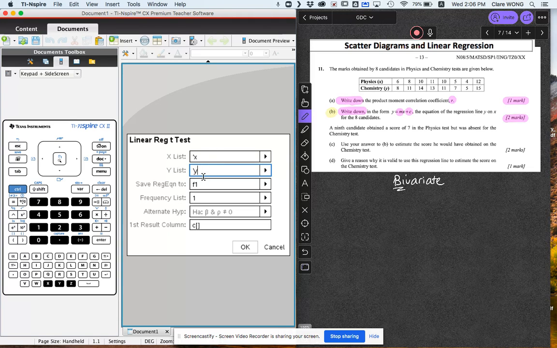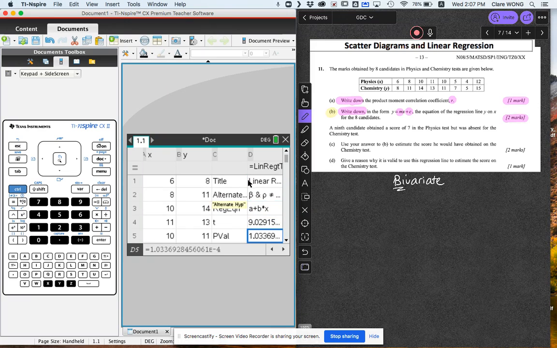That's when labeling the columns is so handy. Save the regression equation to function 1. You can ignore the alternate hypothesis. I don't think your calculator has this function, so this is my CX type 2. Store the result column in column C.